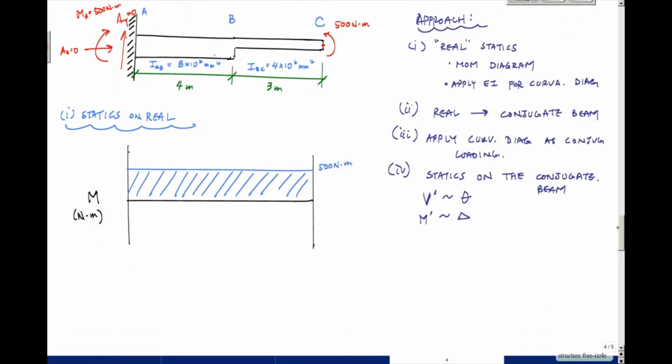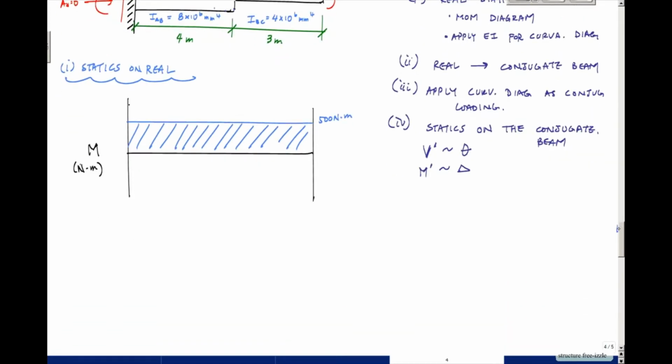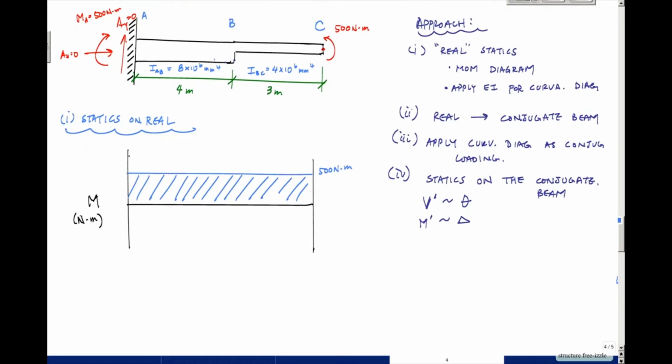Then we want to draw our curvature diagram, which is just dividing each point on the moment diagram by EI of the beam. So this will be the M over EI diagram.